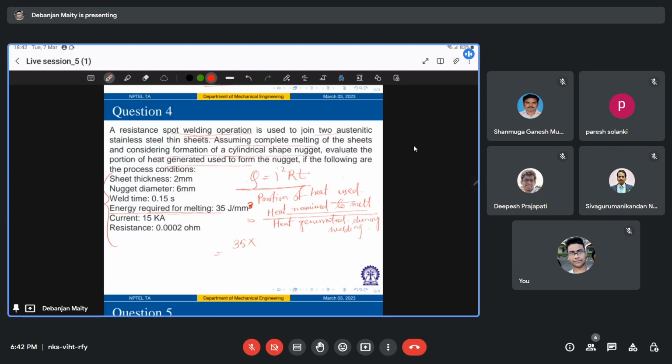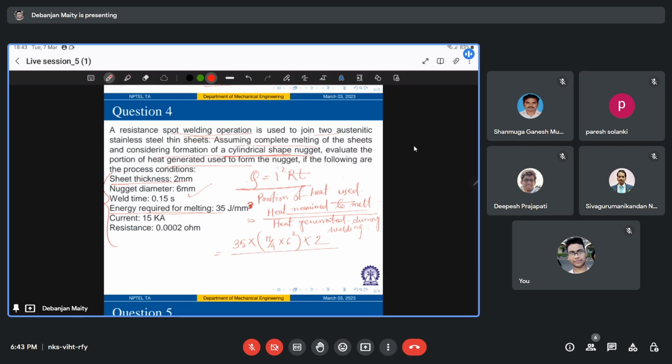You have this cylindrical shaped nugget for which the dia is 6 mm, 5 by 4 into 6 square, into your sheet thickness 2. So this is your total heat required for melting.